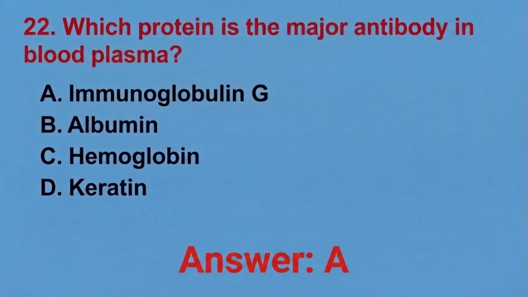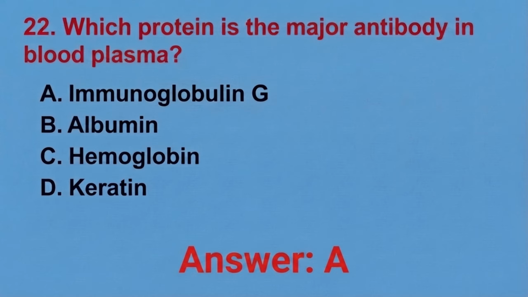Okay, let's start with option B. Option B is wrong because albumin is the major plasma protein responsible for maintaining oncotic pressure and transporting many substances, but it is not an antibody.